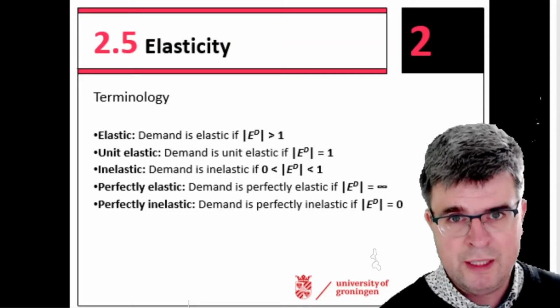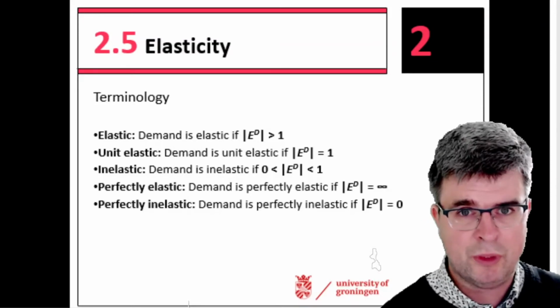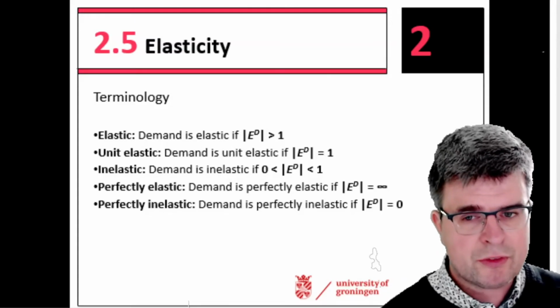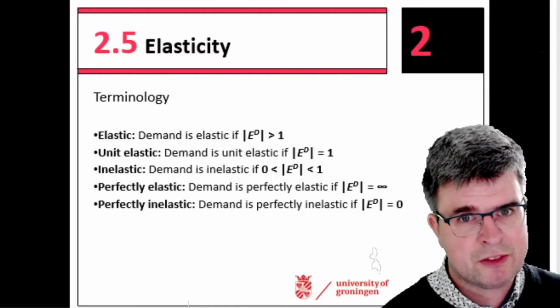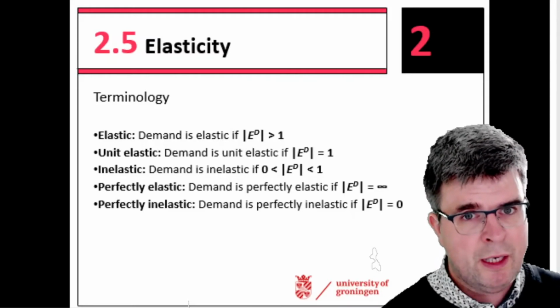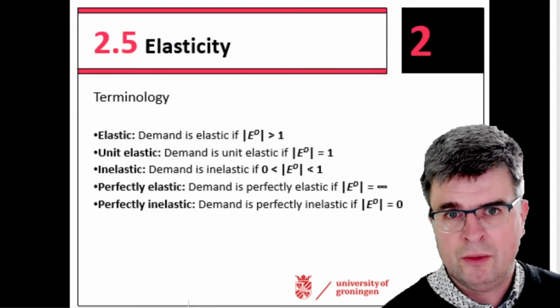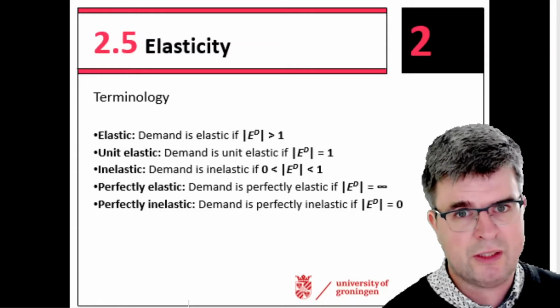If you decrease the price a little bit, then the demand would increase to infinity. The other extreme is where demand is perfectly inelastic, where the elasticity is equal to 0. It means that you can do whatever you want with the price. The quantity demanded will not respond to any of these changes.